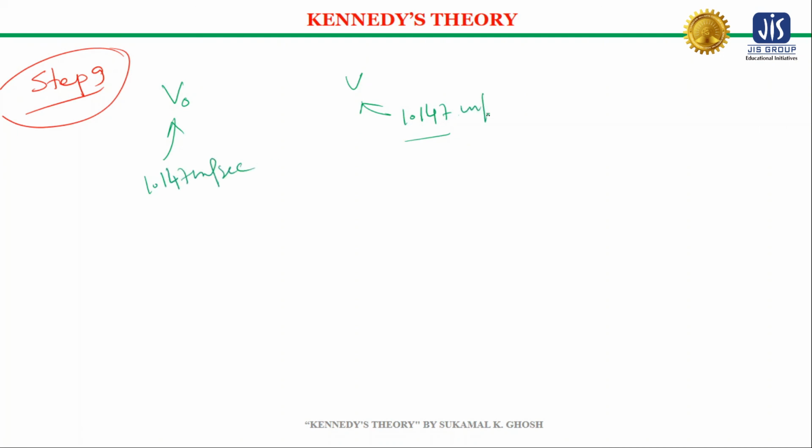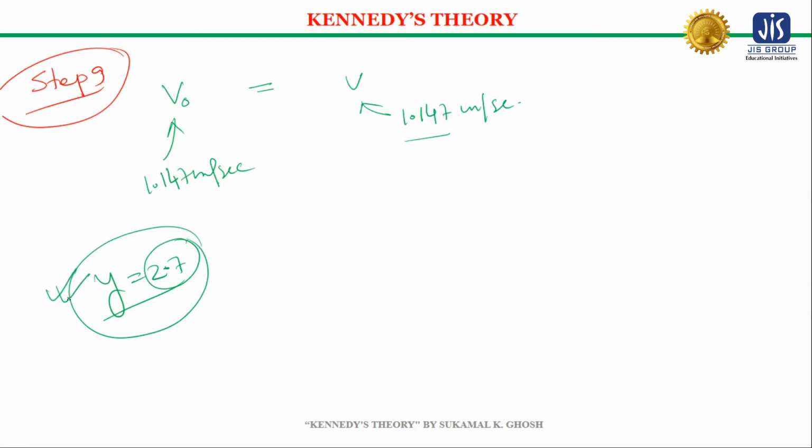So for y equal to 2.7, since V naught is equal to V, we do not need to repeat the procedure again. We have got the correct depth for the channel section.